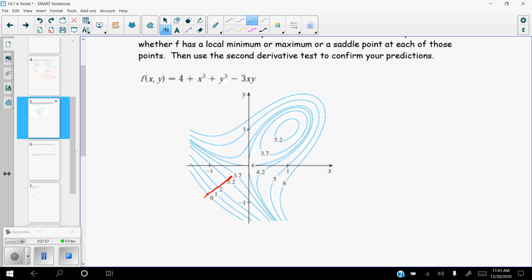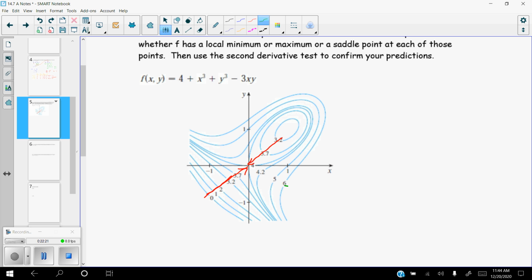So all the way till it gets to there, and then it starts to go back down. So likewise, coming from the other side, it's going from 3.2 to 3.7 all the way up to 4. So this is increasing until it gets to that point. But look what it's doing in the direction perpendicular from this side.